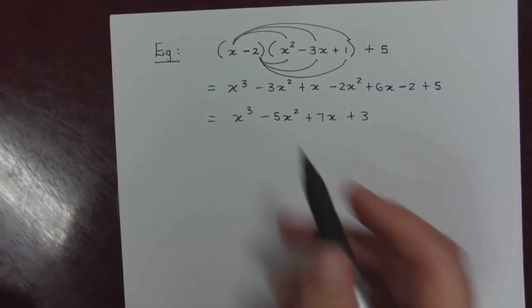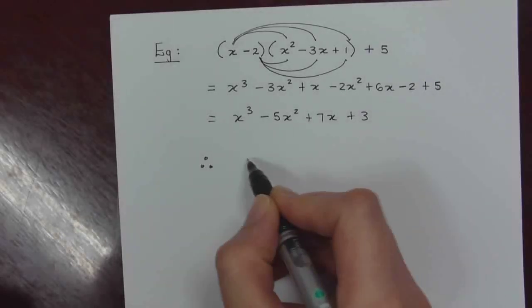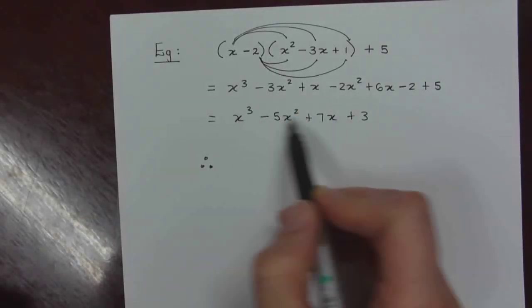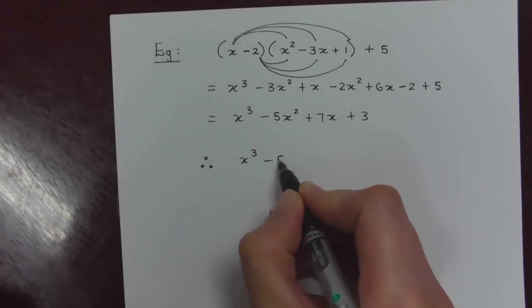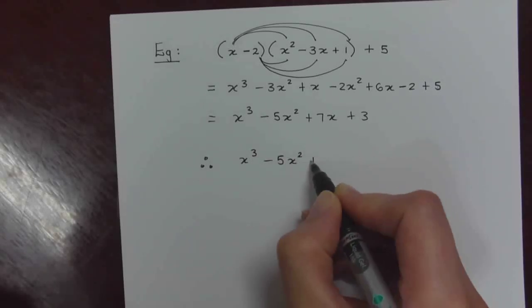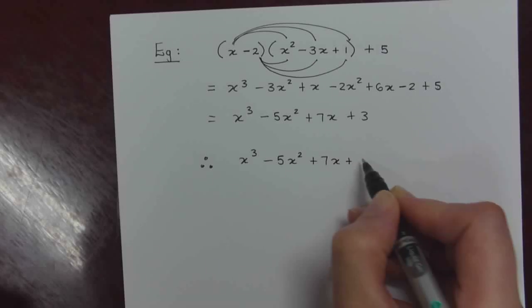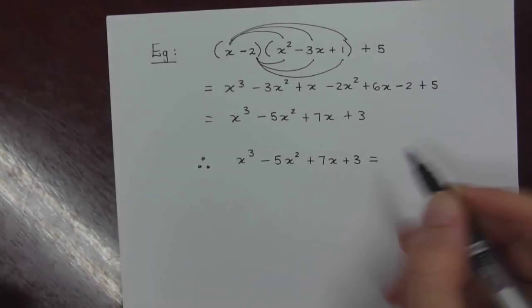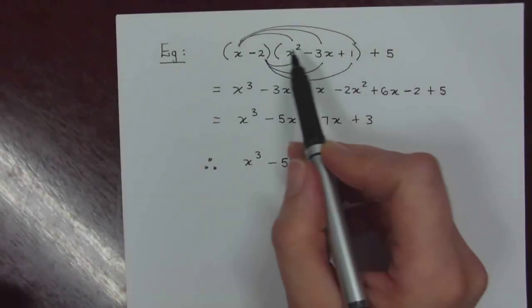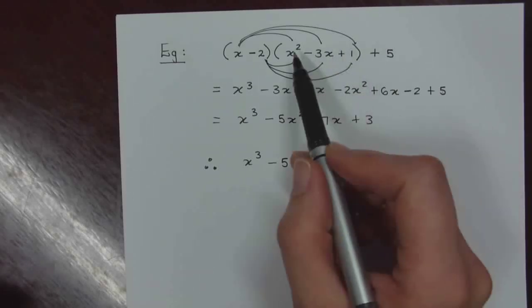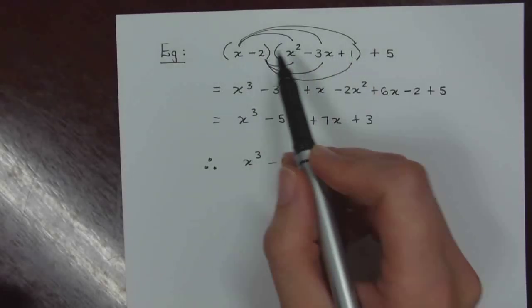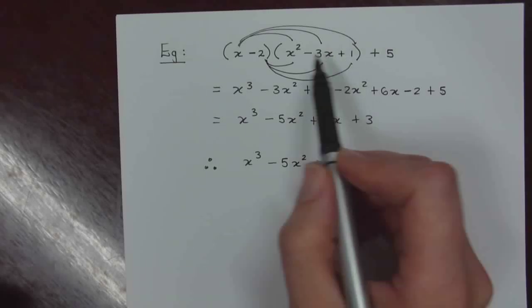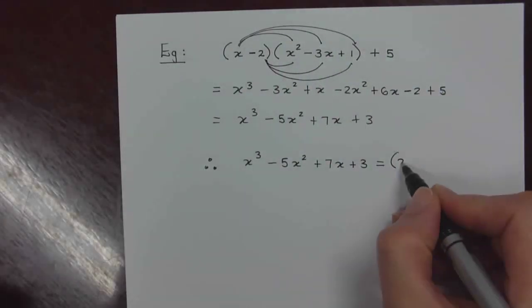Then what we are saying is, therefore, this polynomial, and that's a polynomial expression, x cubed minus 5x squared plus 7x plus 3, can be written out as a divisor times a quotient, or this could have been the divisor and this could have been the quotient. So divisor times quotient, or this could have been divisor times quotient, it really doesn't matter.